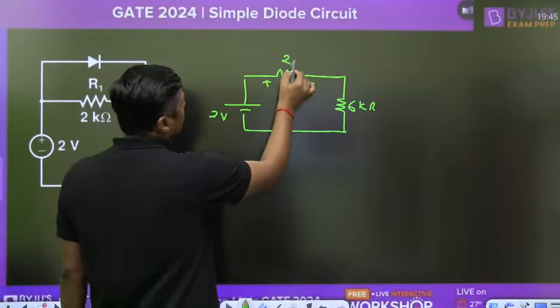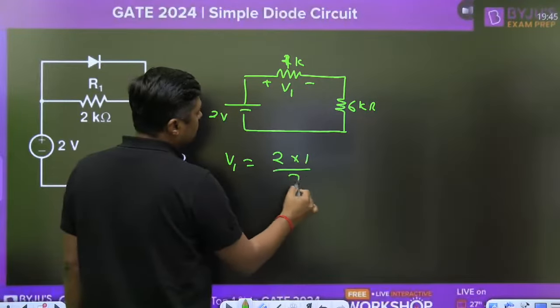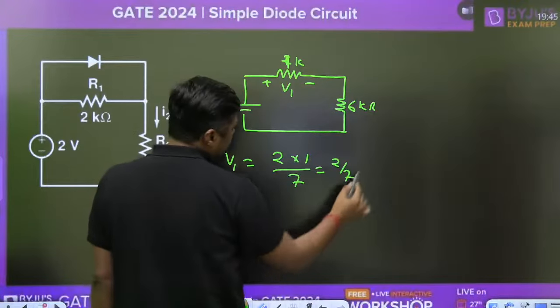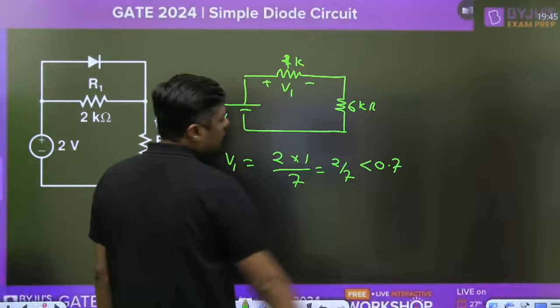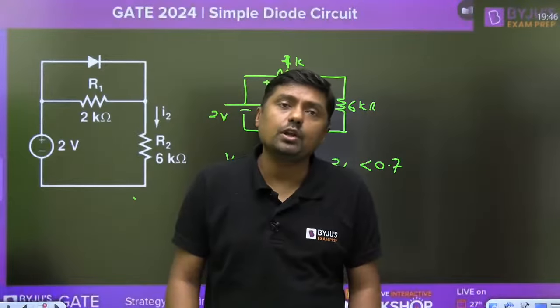So what is the drop across the 1 kilo ohm resistor? According to voltage division rule, V1 will become 2 into 1 divided by 7, 6 plus 1, 7. 2 by 7. And 2 by 7 is less than 0.7, and that's why the diode will remain off.